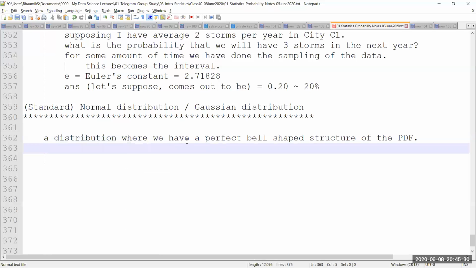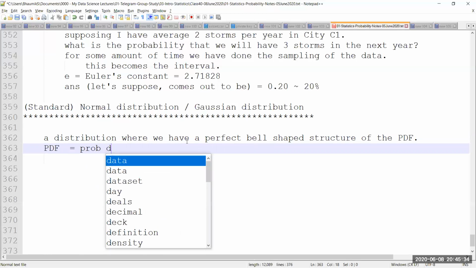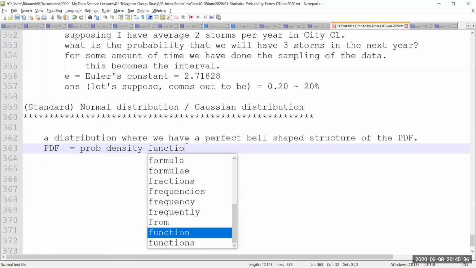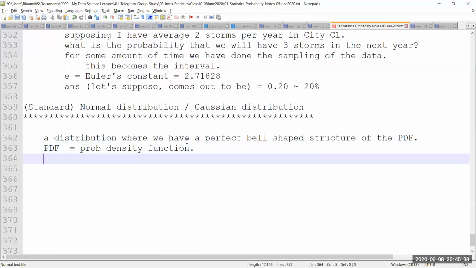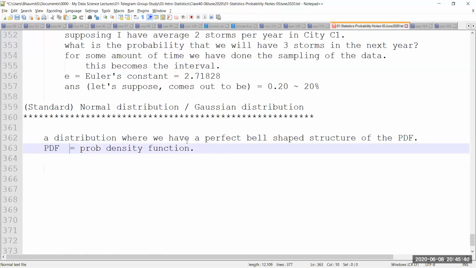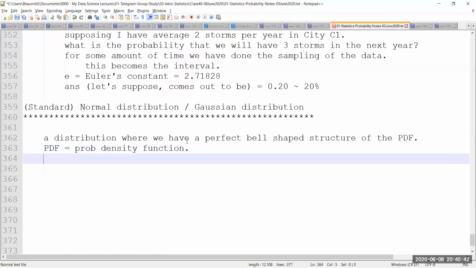So if I draw the PDF, I hope you remember PDF is equal to probability density function. So if I'm drawing the probability density function for any random variable, I'll take any random variable x, which let's say consists of real numbers, so it's part of the set R, right?